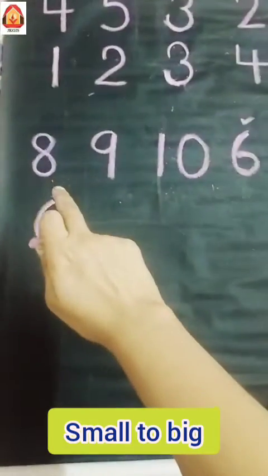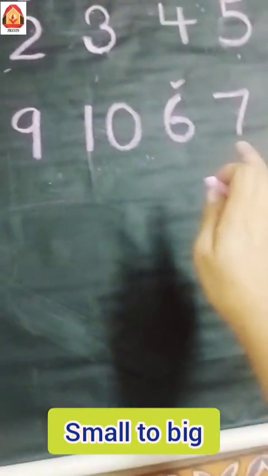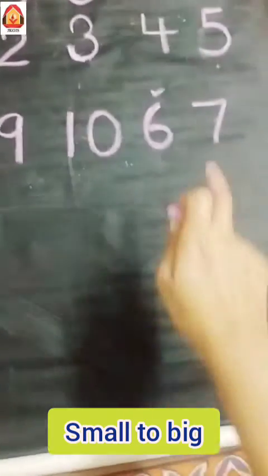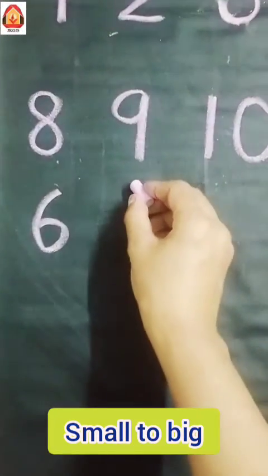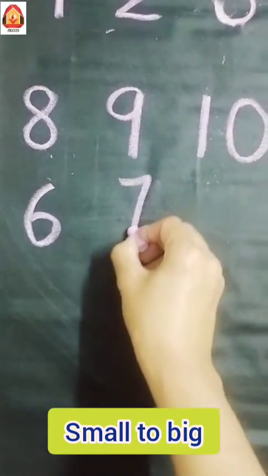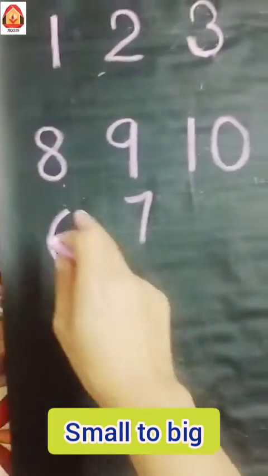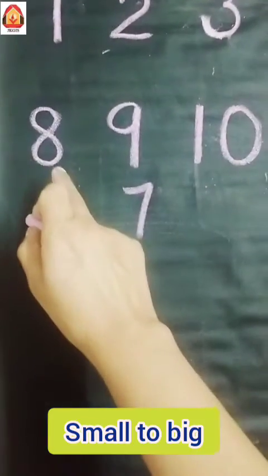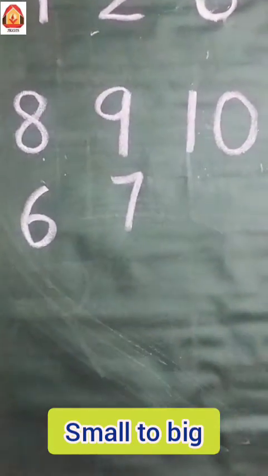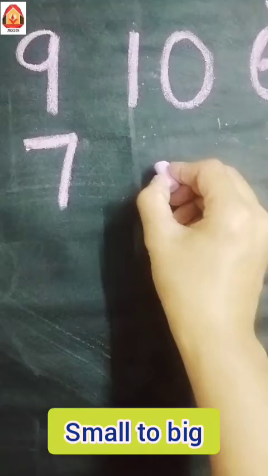Okay, so now number 8, 9, 10, 7. Now which is the smaller one? 7. So we will write 7 here. Now we will not count 6 and 7. Now which is the smaller one? It's 8. So we will write 8 here.